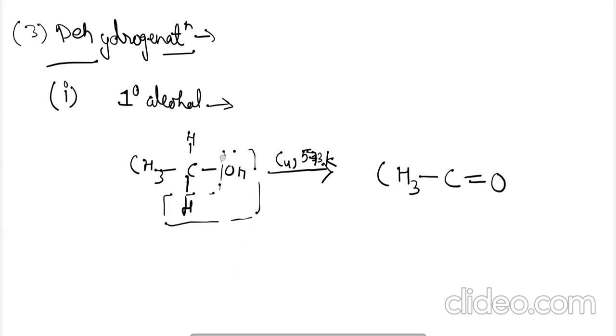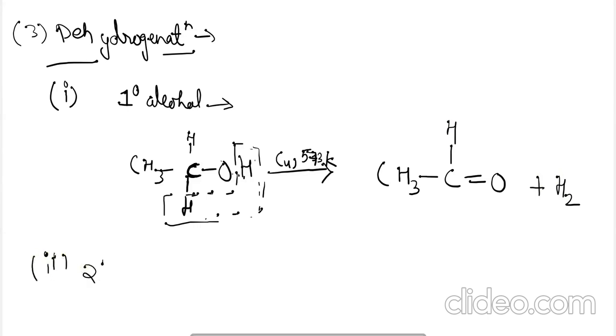Sorry, not water, it will be the formation of H2 here. The O-H hydrogen reacts with the other H present on the carbon of the alcohol group, and the aldehyde is formed with the removal of dihydrogen.